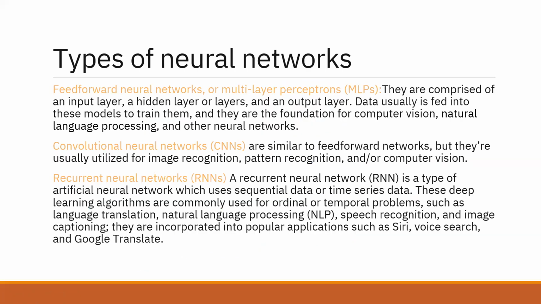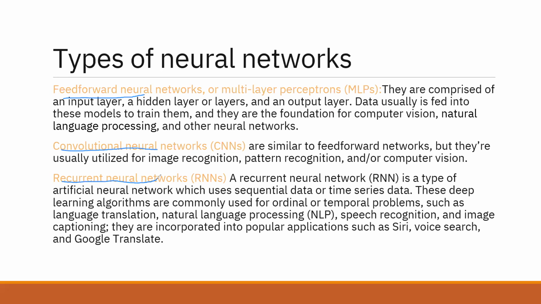Next, we can categorize the neural networks into the following 3 categories. The first one is the feed-forward neural network, second is the convolutional neural network, and third is the recurrent neural network. Now, the feed-forward networks are multi-layer perceptrons. The simple neural network, as I have already told you, contains an input layer, hidden layer, and an output layer.